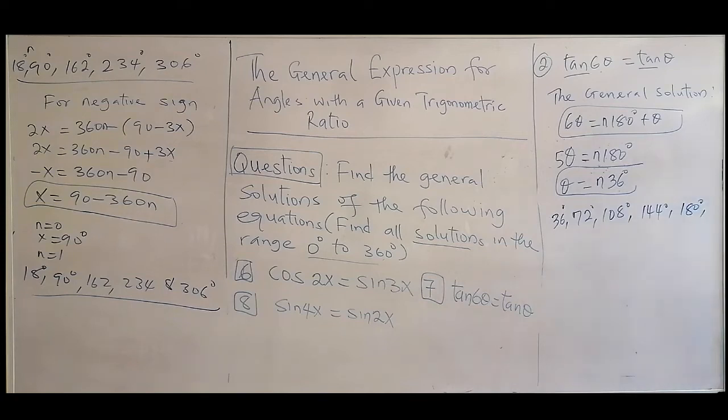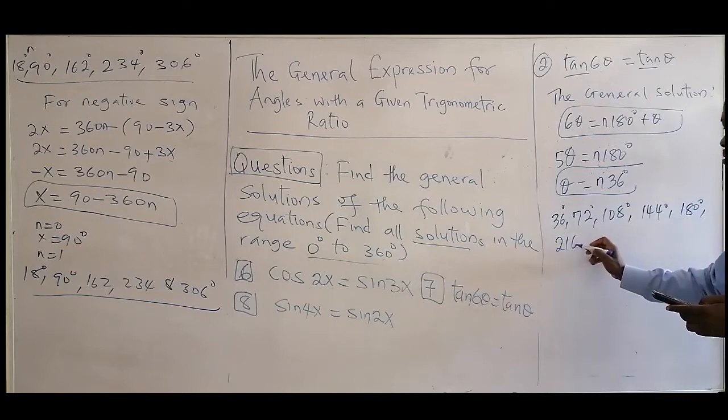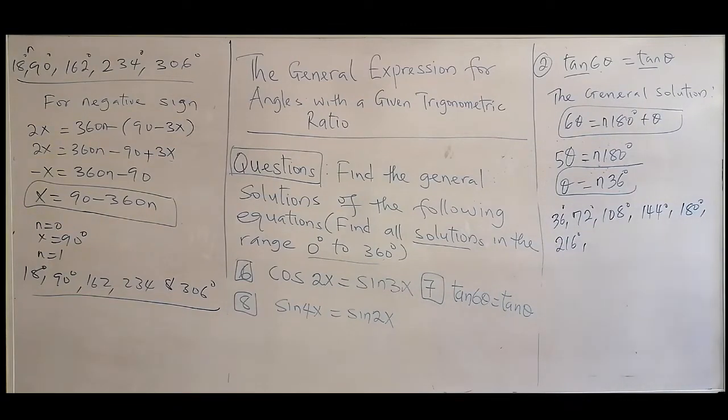N is 6, we have 216. N is 7, we have 252. N is 8, we have 288. N is 9, we have 324. N is 10 will be 360.